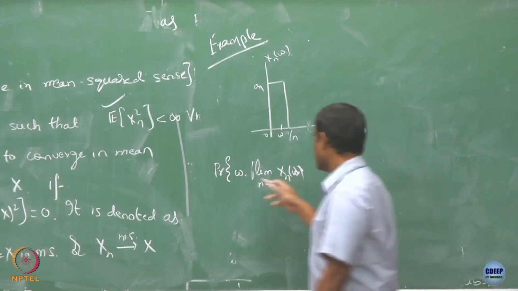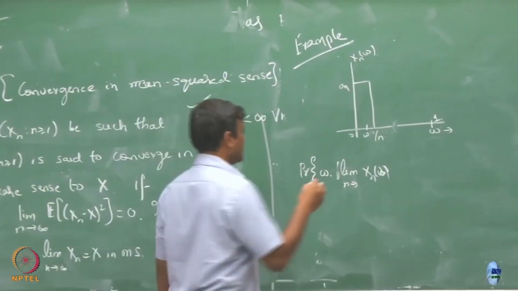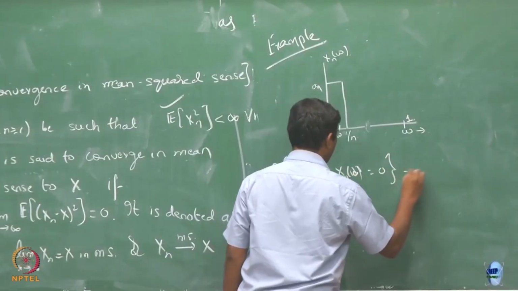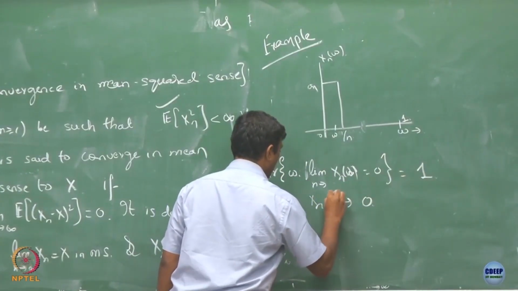Because of that, every omega is going to take 0 value, so this probability is going to be 1, so X_n converges to 0 almost surely.